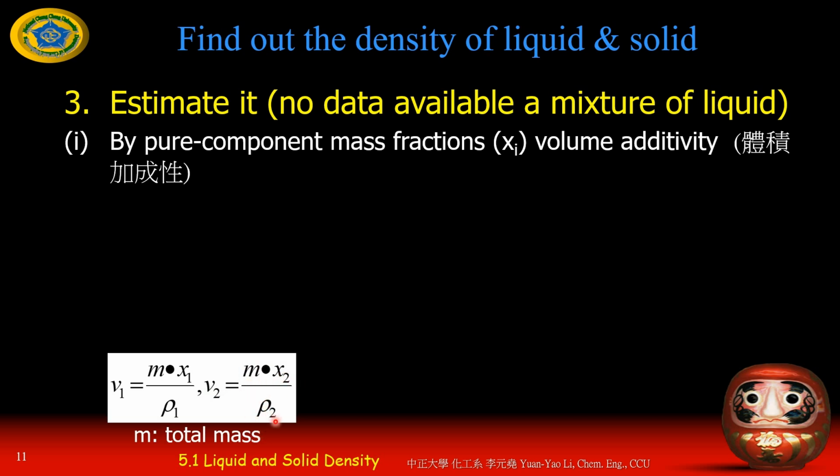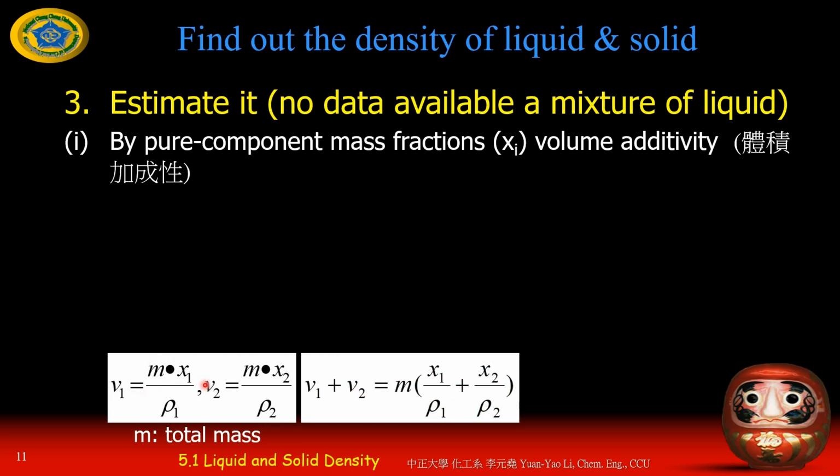Divided by density of the alcohol. The M is the total mass of water together with alcohol. So if V1 plus V2 becomes the total volume, if you put these two together, you become like this.